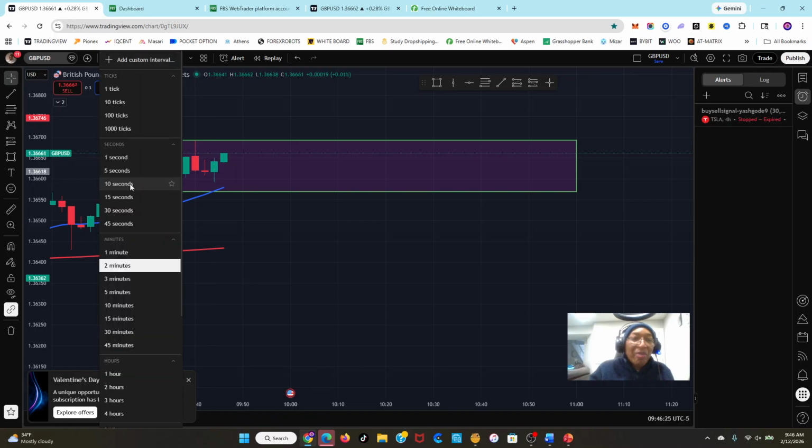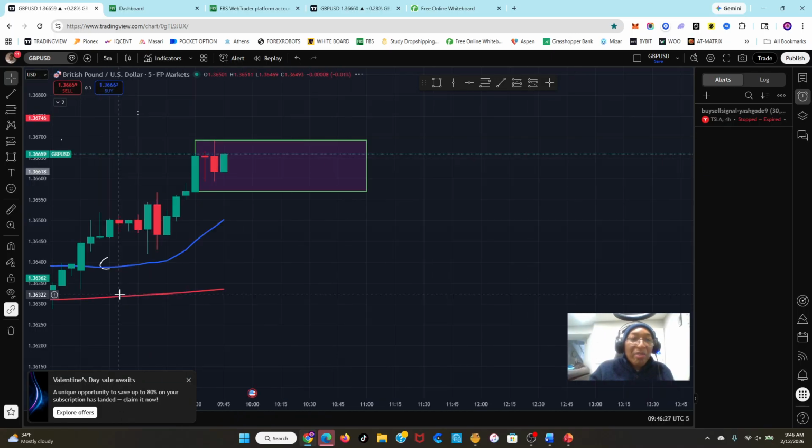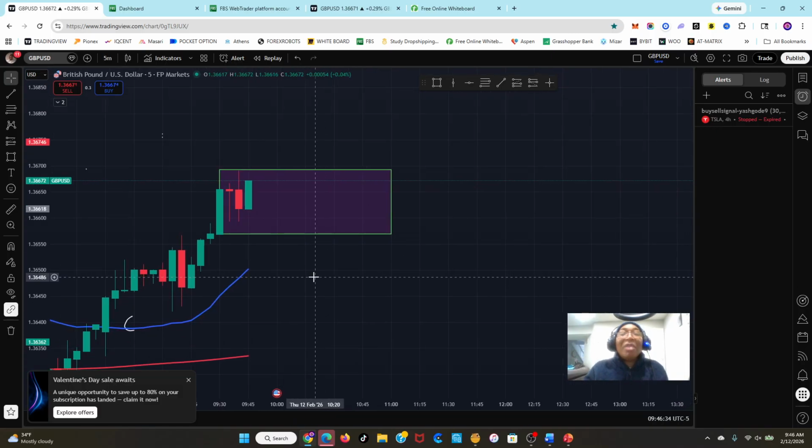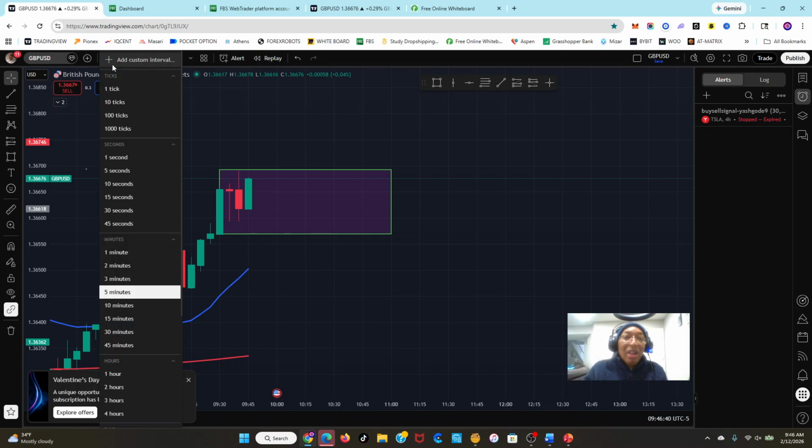If we go to the 5 minute, which I normally use, I like the 5 minutes, because it gives you ample time. You don't get as many opportunities as going to the lower time frames. That's the difference. The higher the time frame, of course, the fewer the opportunities for trading following our strategy.